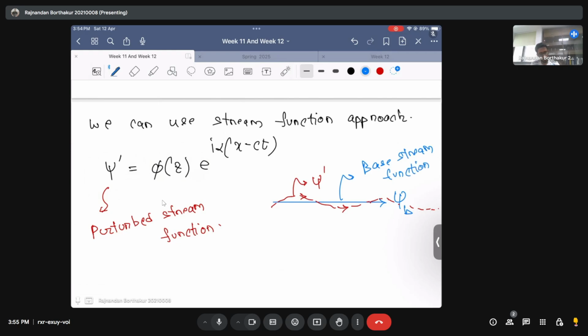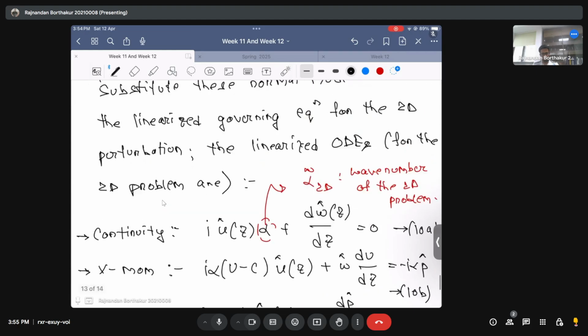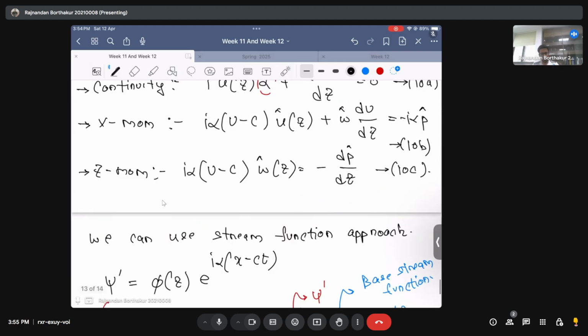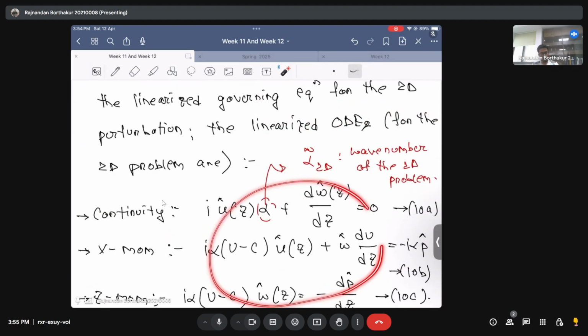You can appreciate that this psi prime is a function of time, because the perturbations will of course be functions of time, since the perturbed velocities are themselves functions of time. It's also a function of z, and a function of x, depending on which location you are in. Now we need to use the relationship between psi prime, u prime, and w prime to transform this equation into an unknown in the stream function.